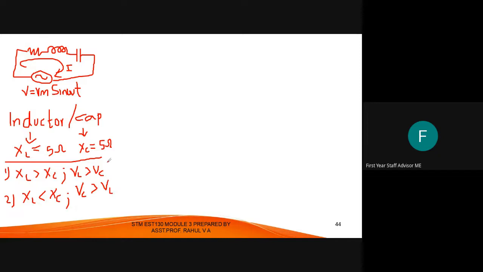What is the difference between the first and second case? When XL is greater than XC, the inductive reactance is greater than the capacitive reactance, so the nature of this circuit will be similar to an inductive circuit. It will work just like an inductive circuit.